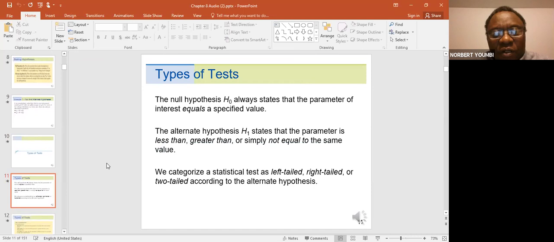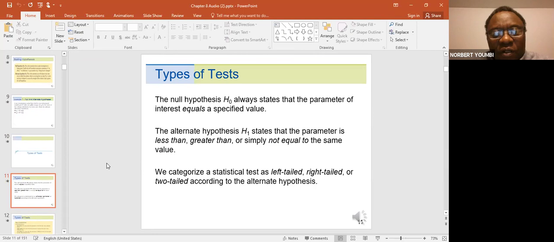There are generally three types of hypothesis tests, not two: the left tail, the right tail, and the two-tail. The alternative hypothesis is generally what is used to determine if a test is a left tail, a right tail, or a two-tail.